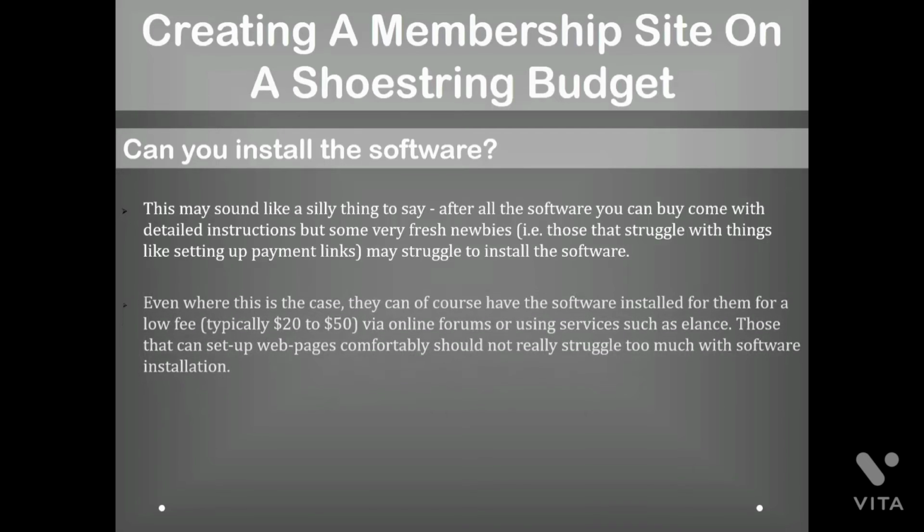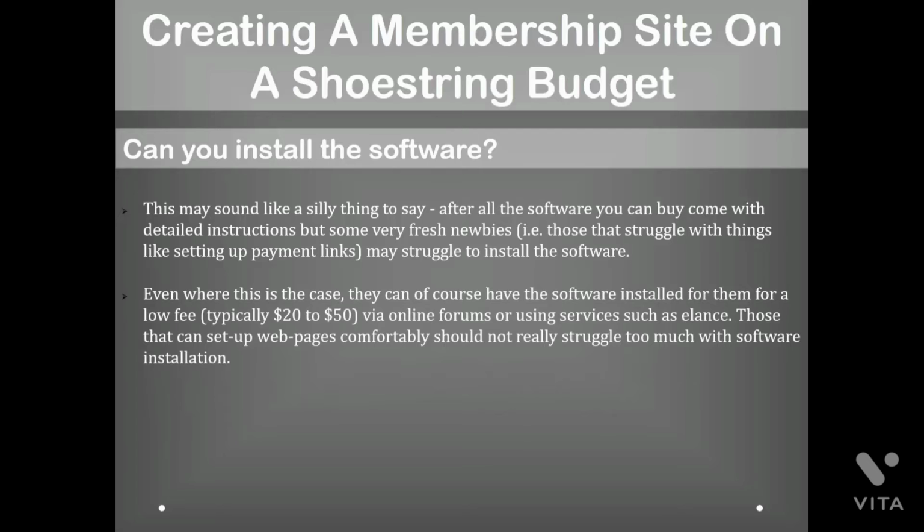Even where this is the case, they can of course have the software installed for them for a low fee, typically $20 to $50, via online forums or using services such as Elance. Those that can set up web pages comfortably should not really struggle too much with software installation.